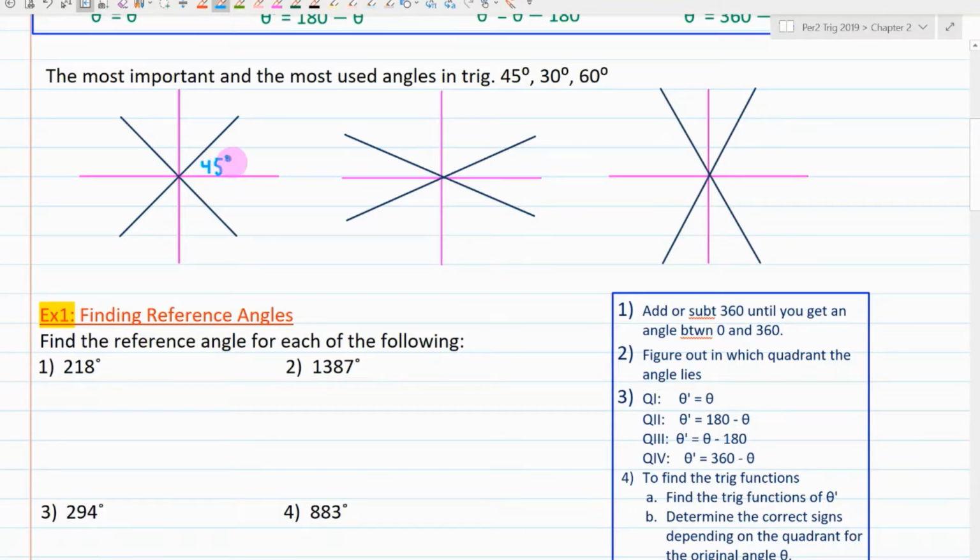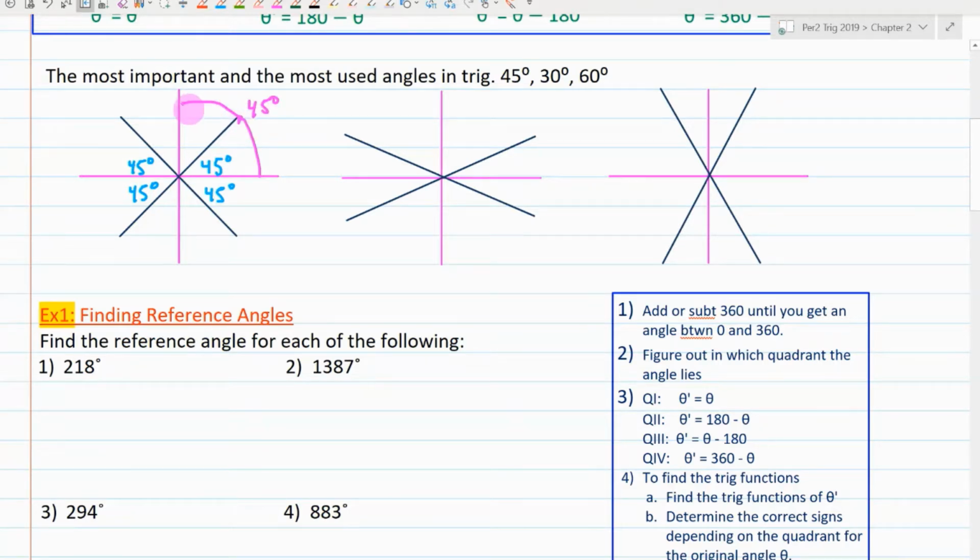So this is 45 degrees, that reference angle. That's also 45 degrees, and again, it's the one closest to the x-axis. So these are all 45-degree reference angles. But when we fill in the actual angles themselves, this angle from here to here is 45.